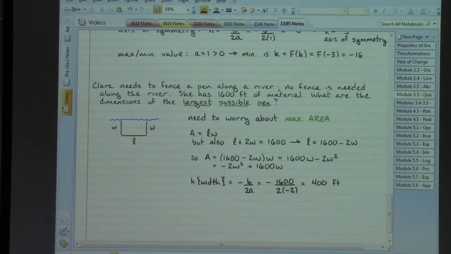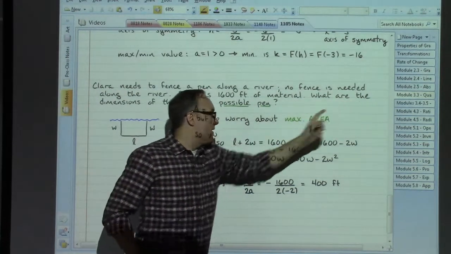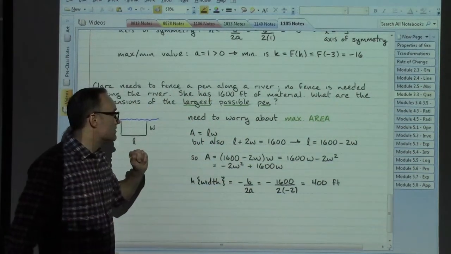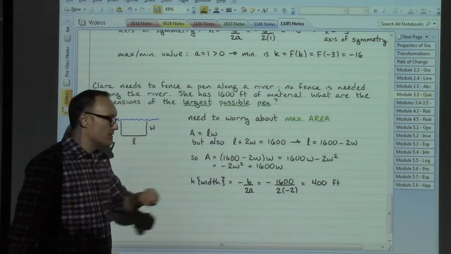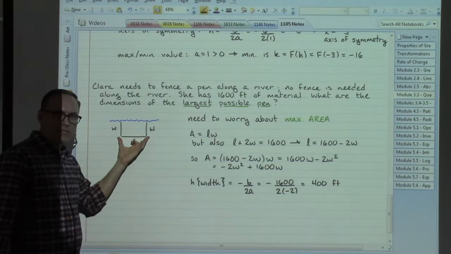Now we don't necessarily need to worry about the K value because the K value is the maximum area. We're asked for what are the dimensions. Well, there's the width. Width, 400, 400. What's the length?